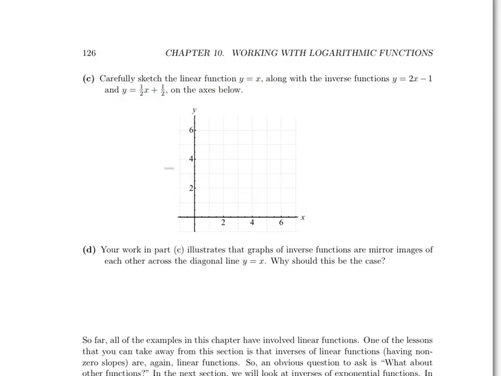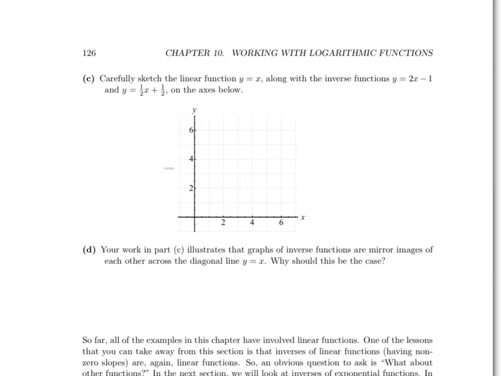You can see now why we would want to rewrite our inverse function with the letter x as the input and the letter y as the output, because what we're going to do now is graph these two inverse functions on the same axes, where x is the variable representing our horizontal axis and y is the variable representing our vertical axis. So we need to use the same letter x for the input of these two functions.